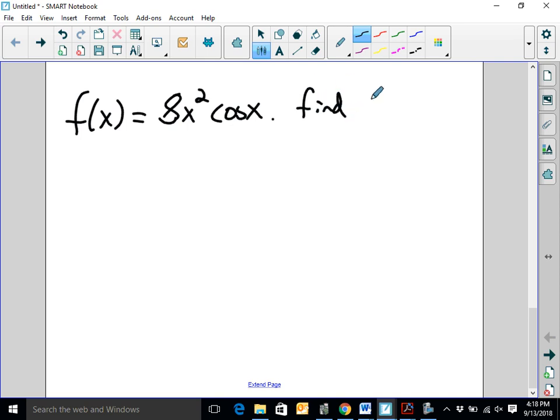Okay, so here we're saying f of x equals 8x squared cosine x, and we want to find f prime of x. So go ahead and pause it here, try and find f prime of x, and let's simplify it down as nicely as we can. There is a part here to be a little bit careful on, and I'll show you as we do it. So go ahead and pause, try it, and then come back to see the answer.